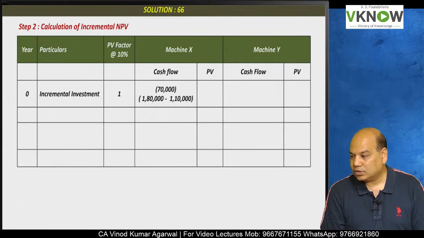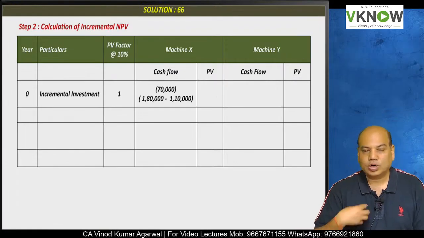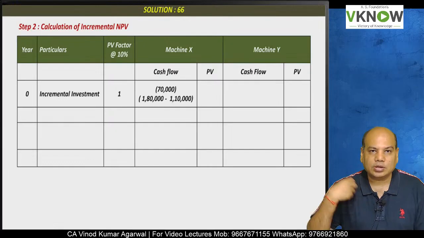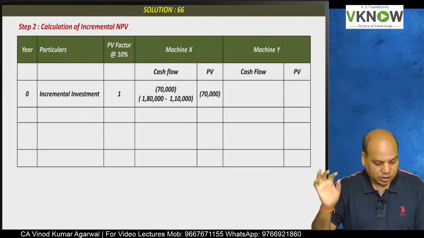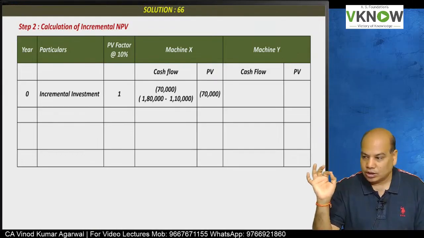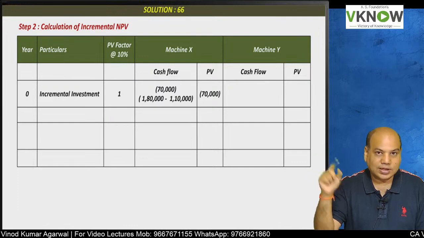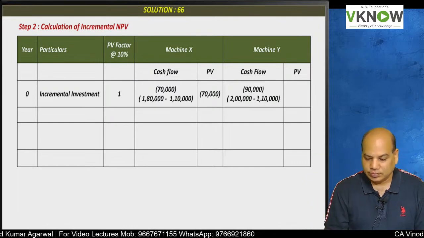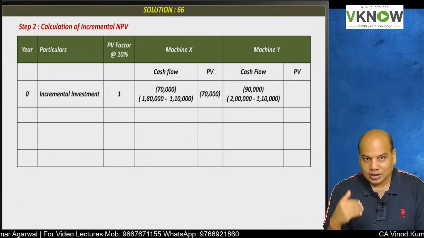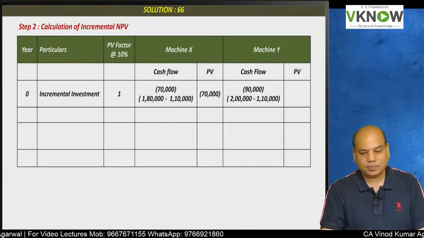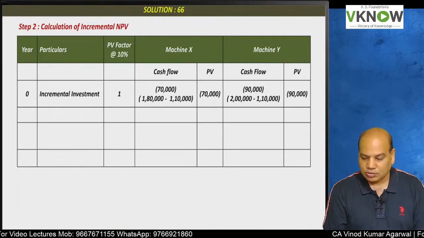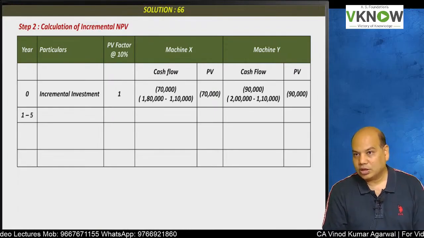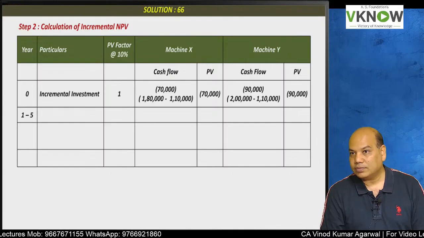So I have to incur an additional amount of 70,000. Present value will be the same. Try the next one yourself. Y will cost you 2 lakh. If you sell Z, you will get 1,10,000. So your incremental investment, if you purchase machine Y, is 90,000. Present value 90,000.